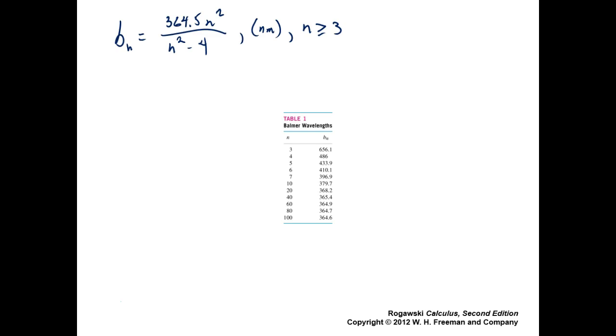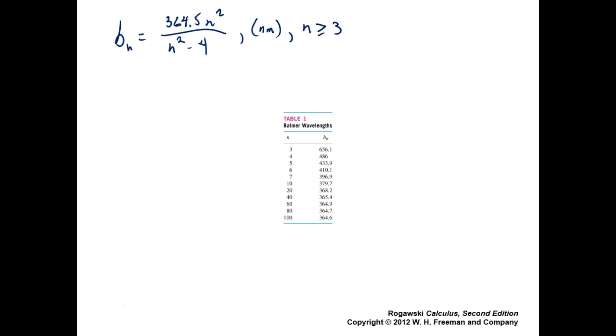See what you get. 364.501. Okay, so it got down to 0.5. You can keep going and see if it keeps getting smaller. Actually, it probably does. Okay, but is there a limit? Okay, it would seem so.